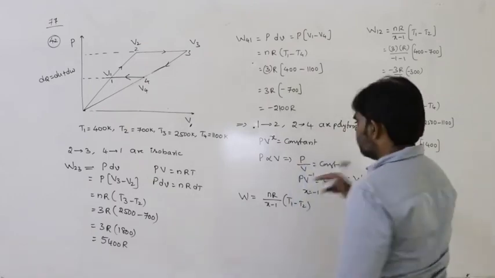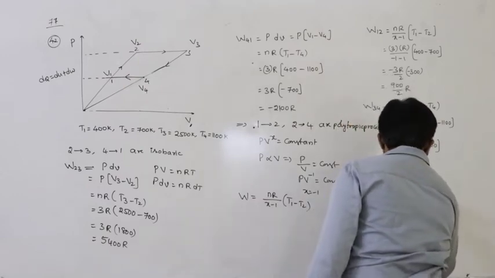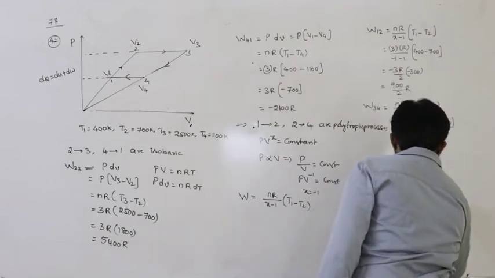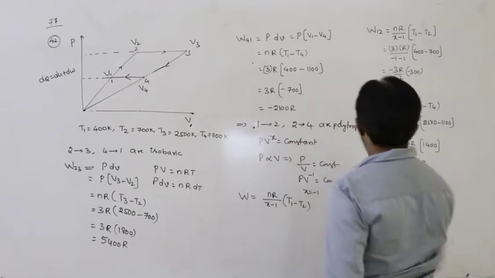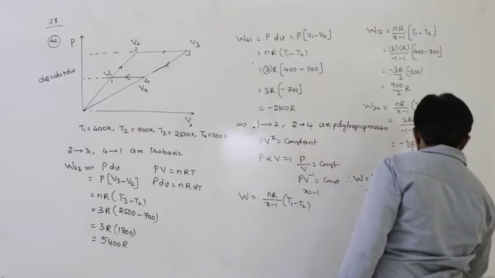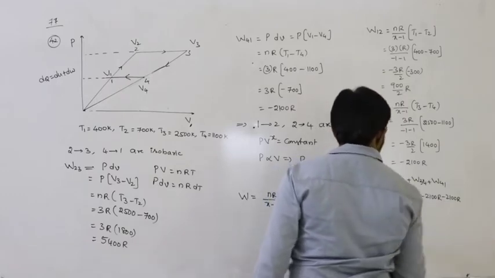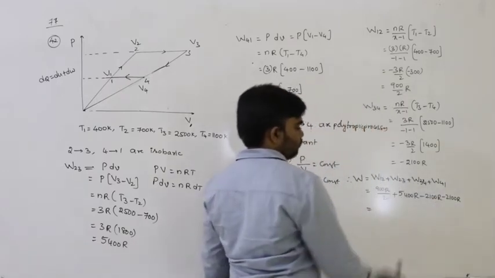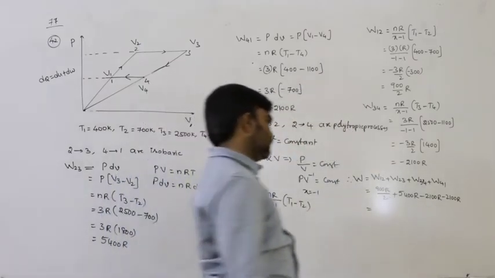Next, W23 is 5400 R. W34 is minus 2100 R. W41 is again minus 2100 R. So, that equals 5400 minus 4200, which is 1200.